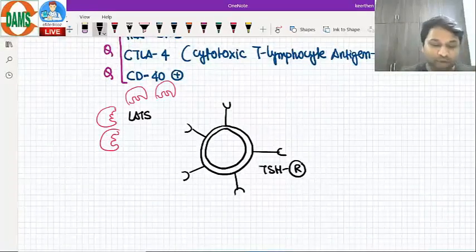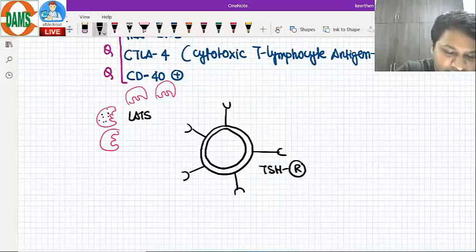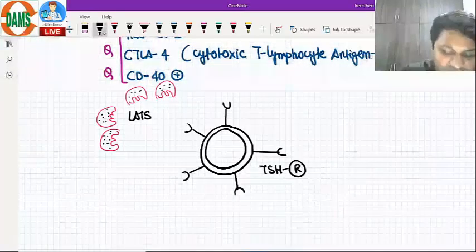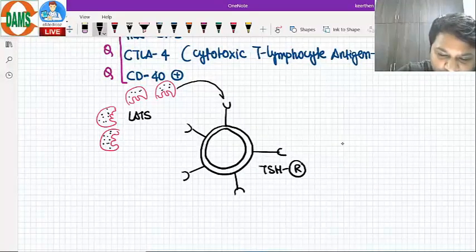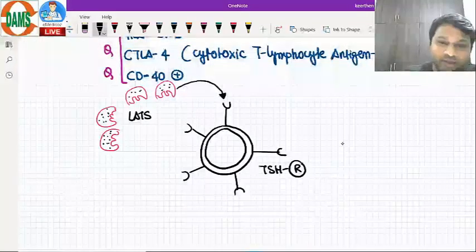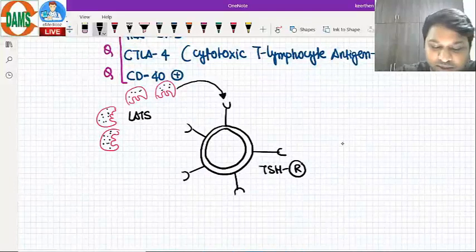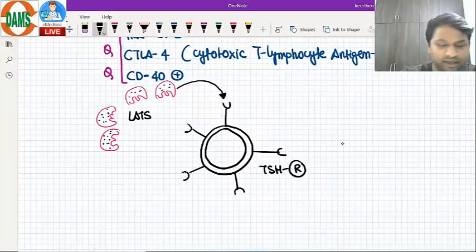Now, because the antibodies are synthesized and they are targeted towards the follicular surface, that is TSH receptors, they initially go and try to bind to the TSH receptor. As soon as they try to bind, the configuration of the antibody does not match the receptor, so they are rejected.